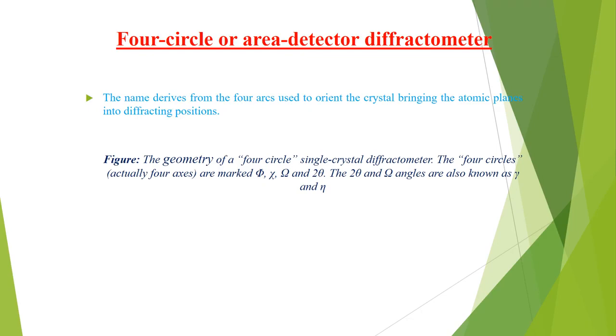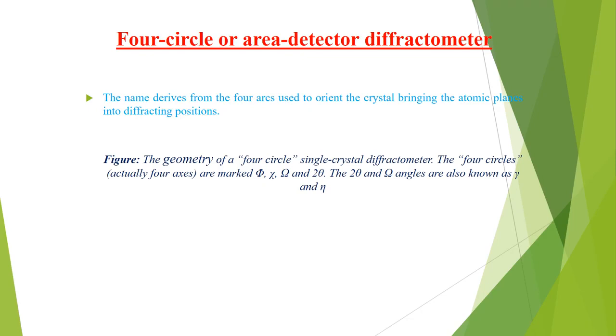In the figure that is coming in the next slide, the geometry of a four-circle single crystal diffractometer will be elucidated. The four circles, actually four axes, are marked as phi, chi, omega and 2 theta.